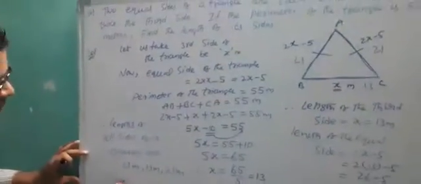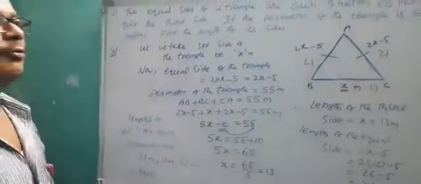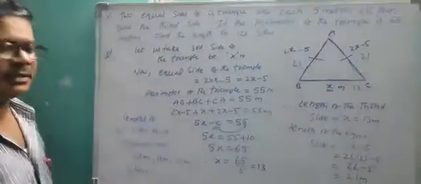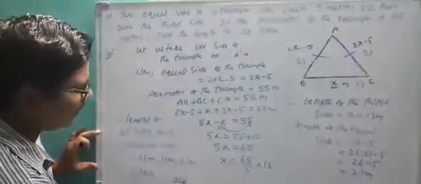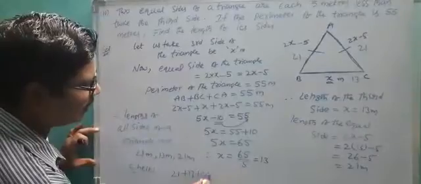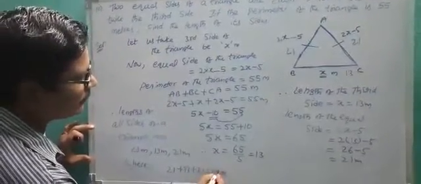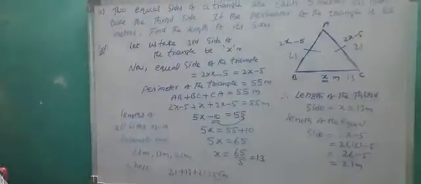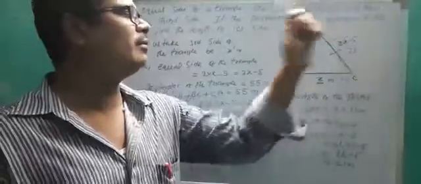Checking: its perimeter should equal 55 meters. Perimeter means the total length of all the sides of a triangle. So 21 plus 13 plus 21 equals 55 meters. We got the same answer.